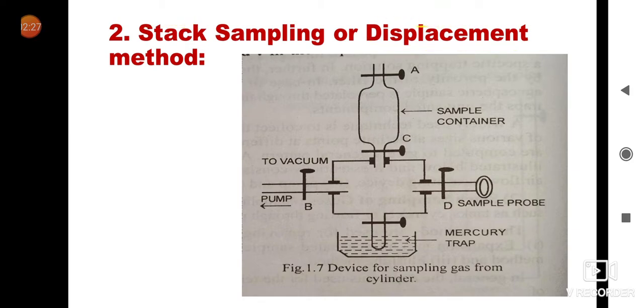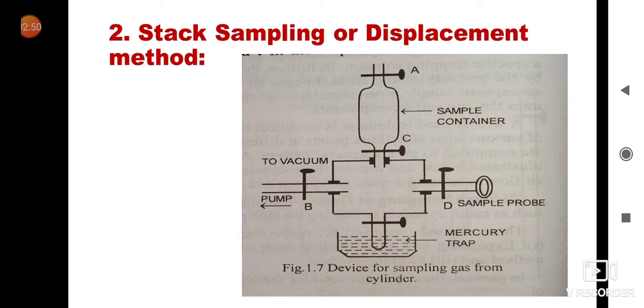We can also say displacement. Displacement means the gas we have drawn or sampled from another area or from the cylinder will be kept over another liquid, displacing the place of the sampled gas.